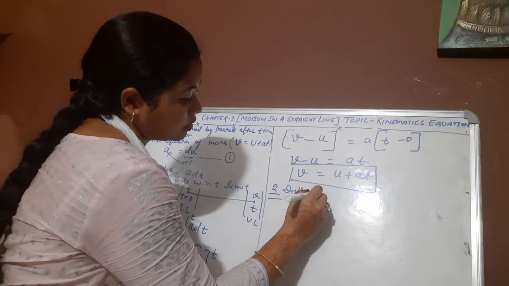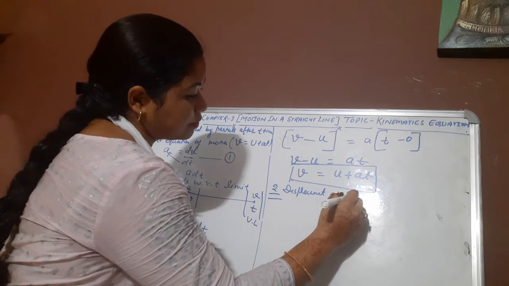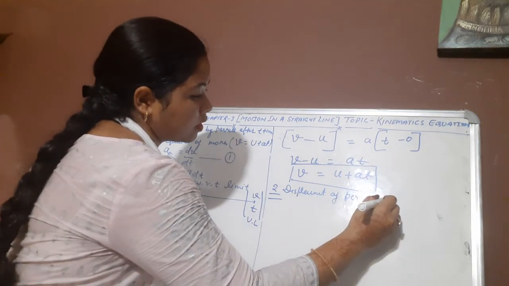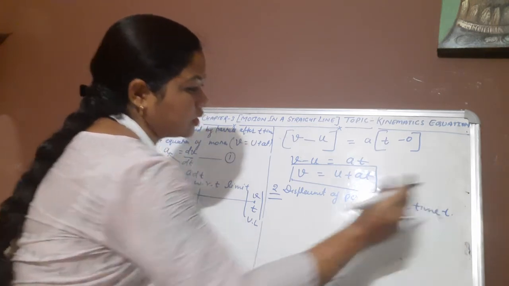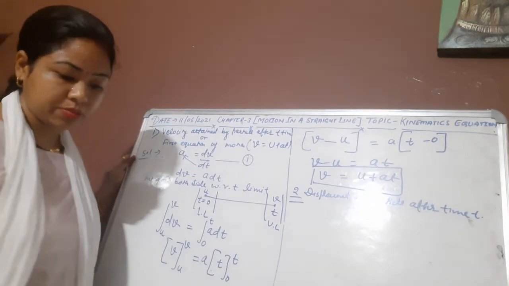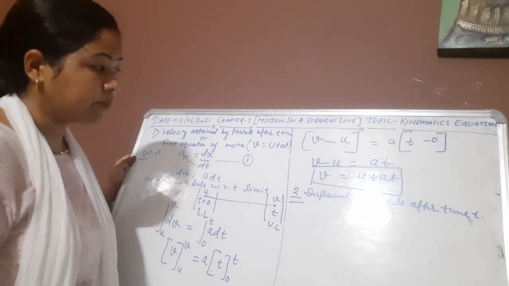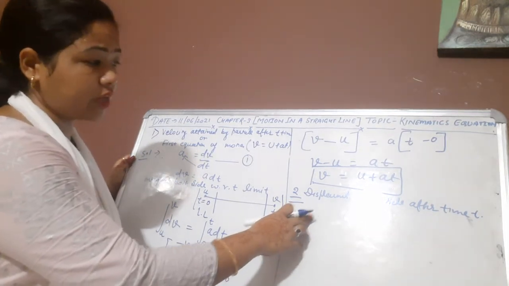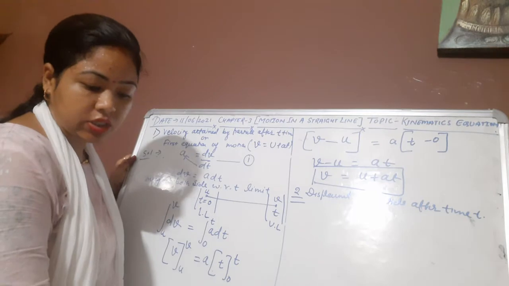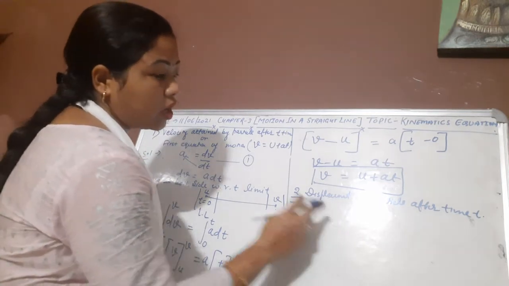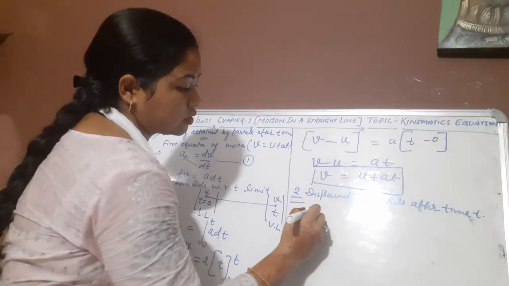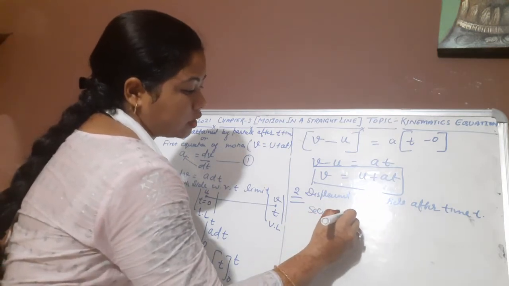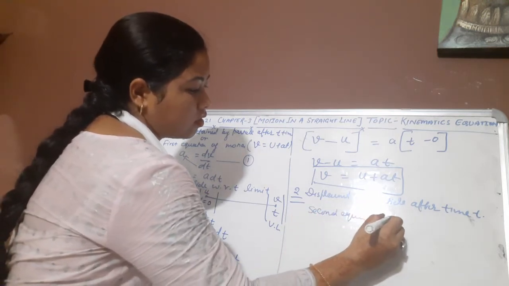Displacement of the particle after time t, right? For this we'll start our derivation with the formula of the velocity. This is the second equation of motion.